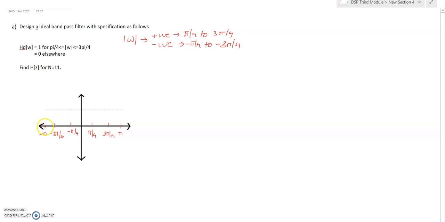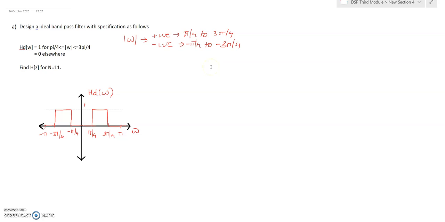So you're having a graph like this and it is equal to 1 in this span. This graph is HD of omega and this is omega, and the rest of the values will be 0. This is the primary inference from this statement, and you're supposed to find H of z for n equal to 11.